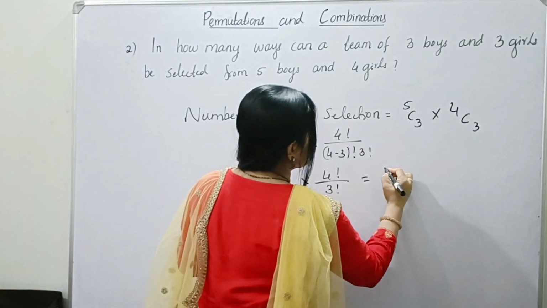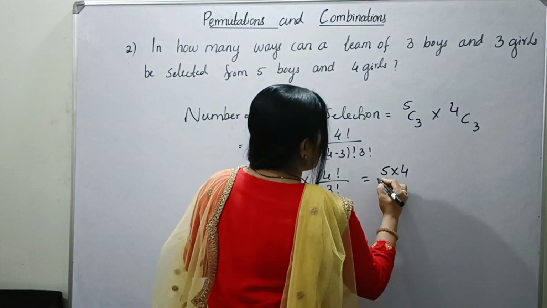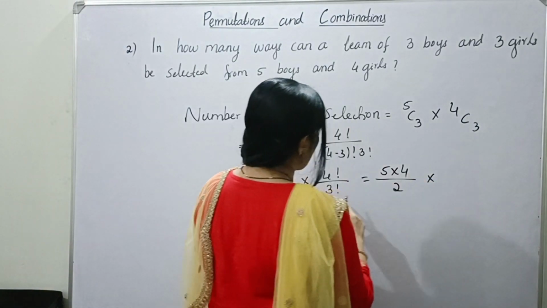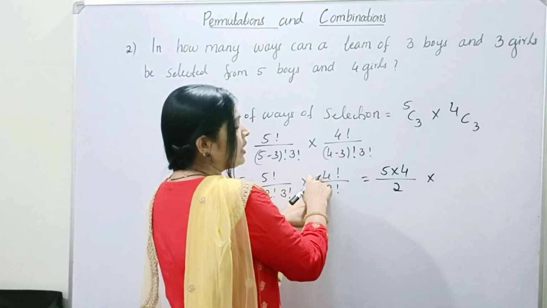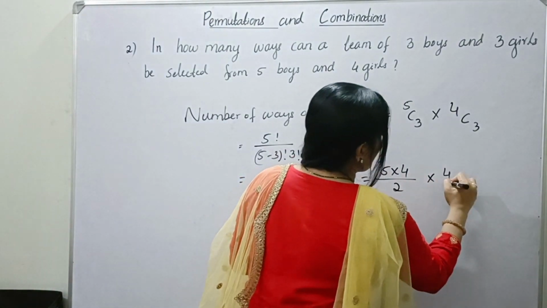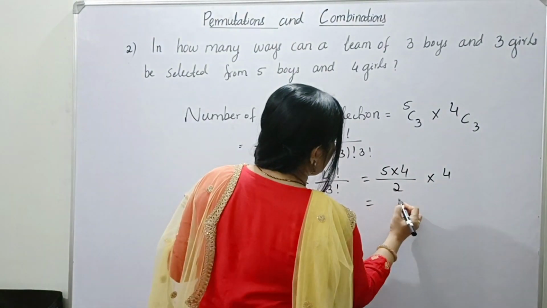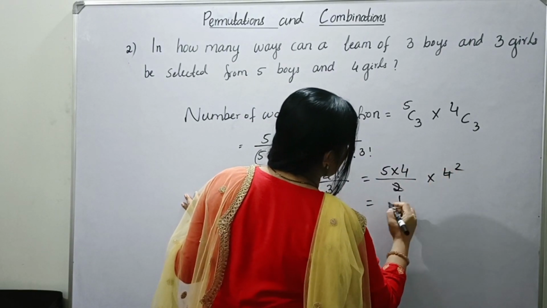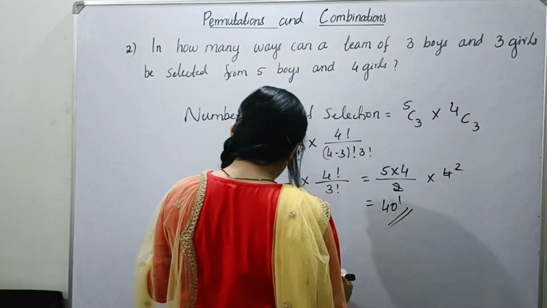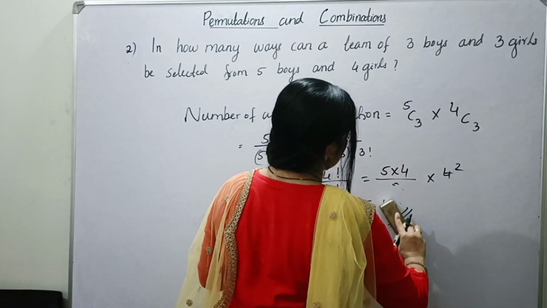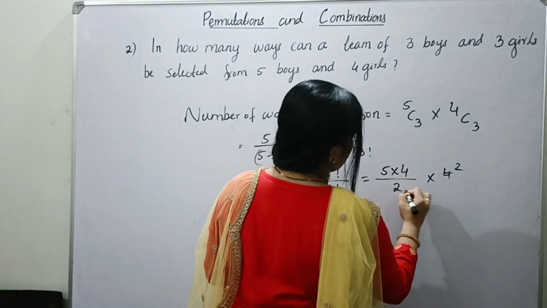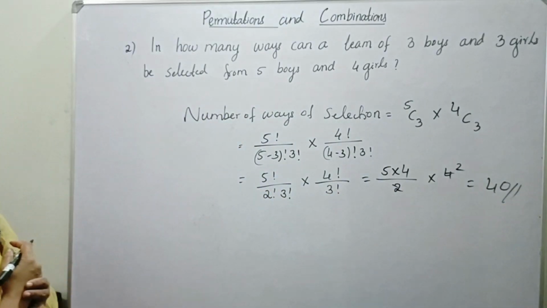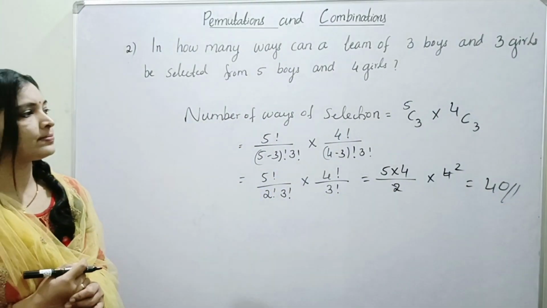So remaining 5 into 4 divided by 2 factorial, which is 2 itself, into, here also 3 factorial will cancel, so remaining 4 in the numerator. Now 2 ones are 2, 2 twos are... 5 fours are 20, 20 twos are 40. So 40 is the answer. So the number of ways of selection is 40.